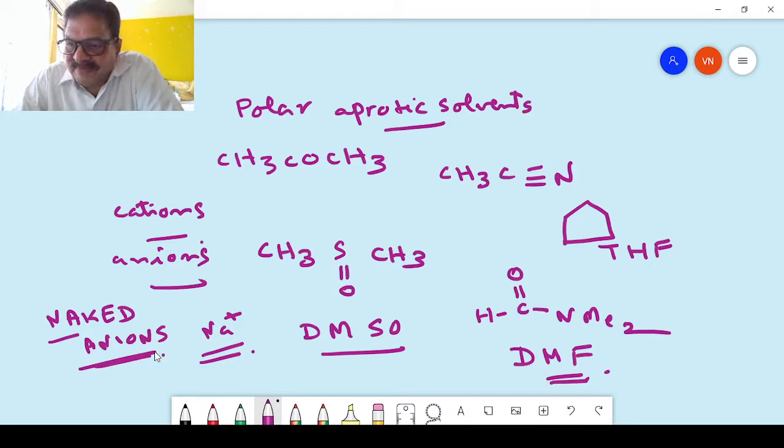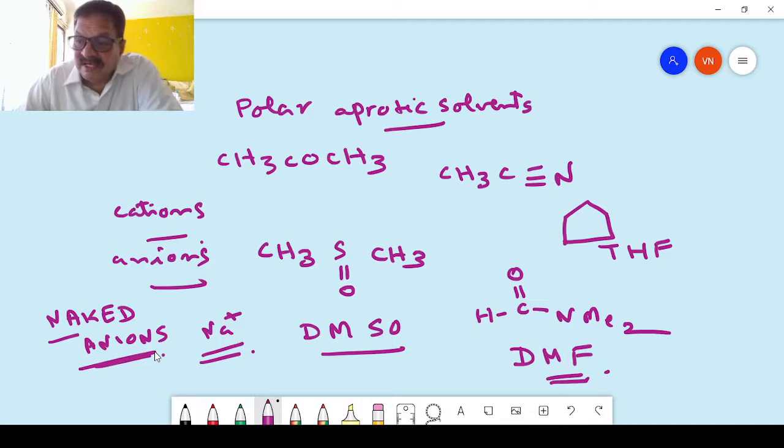Now, since the anions are not well solvated in polar aprotic solvents, there is no need to compare the nucleophilicity with the other anions here. There is no solvation. Anions there are naked anions. They are surrounded by the solvent molecules, but they are not well solvated.